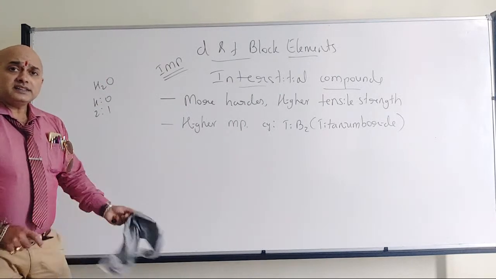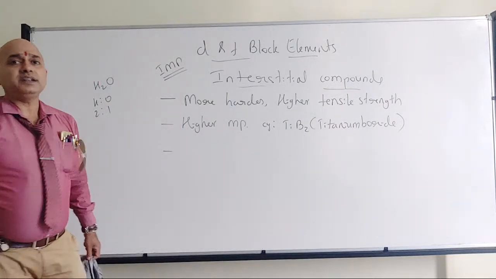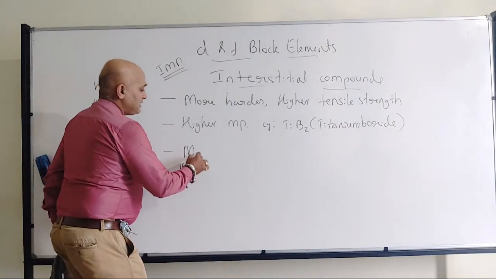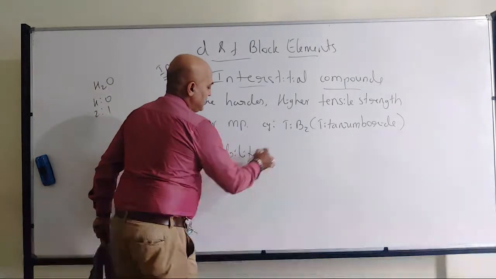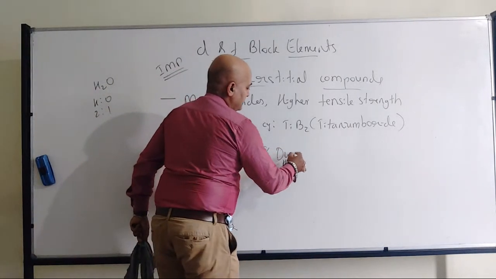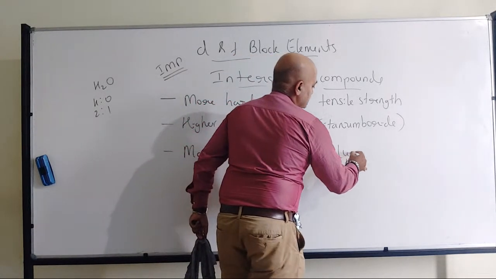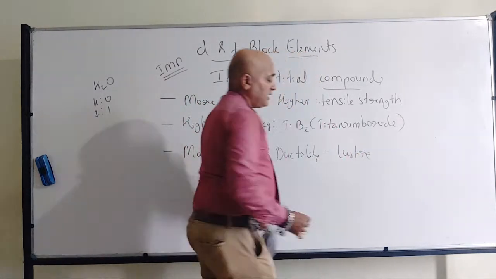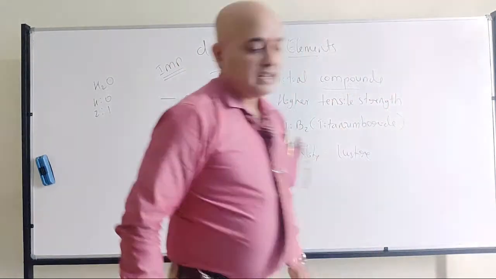Right? But at the same time, they have the regular property of the metals, that is malleability and ductility. Even they have the luster, that is the property of the metals, luster. So they have the metallic luster.